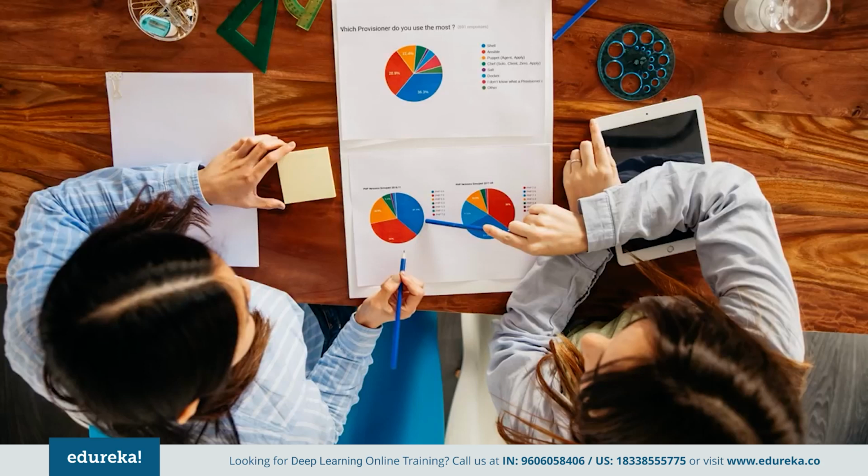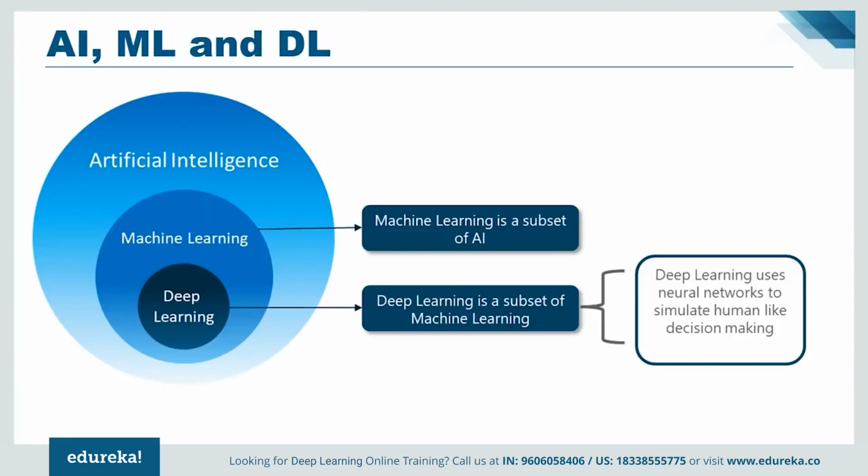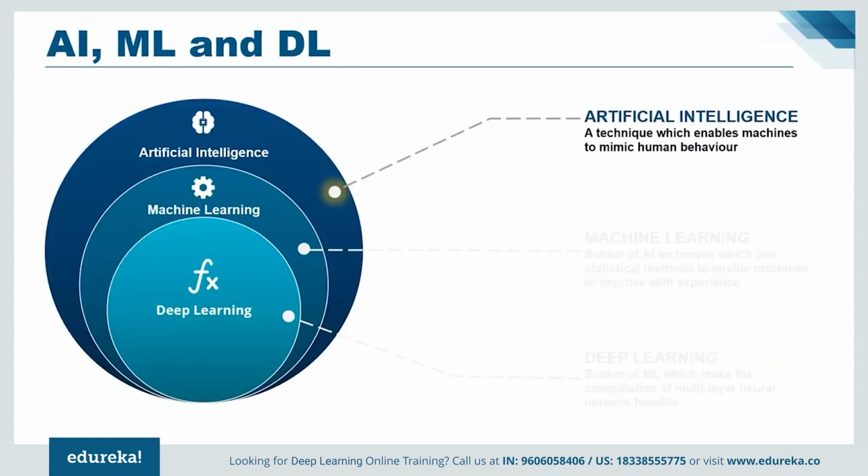Now, before talking about deep learning, one must understand its relationship with machine learning and artificial intelligence in terms of data science. So if you have a look at the picture here, you can see that data science is the superset, and inside we have artificial intelligence, inside that we have machine learning, and inside that we have deep learning. So data science is an extraction of knowledge from data using different techniques and algorithms, whereas AI or artificial intelligence is a technique which enables machines to mimic human behavior.